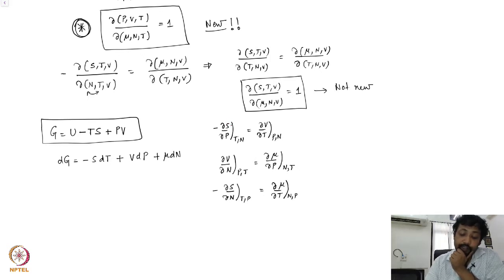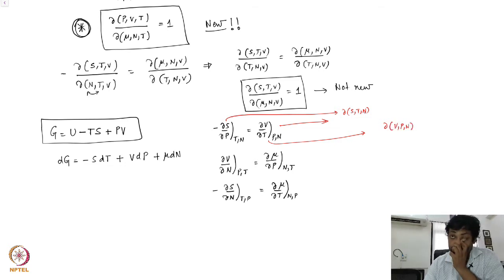For example, in the numerator, the combination is del S, T and N. If you carefully look at this in the form of the Jacobian, on the right hand side you are going to have del of V, P and N. So you're looking at a combination of a Maxwell's relation which will have del of STN and del of VPN.